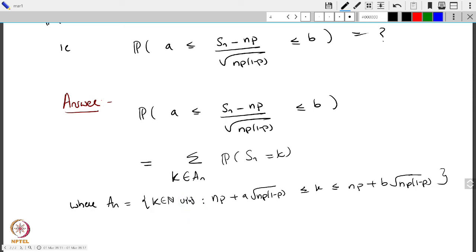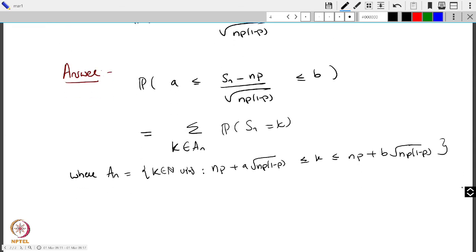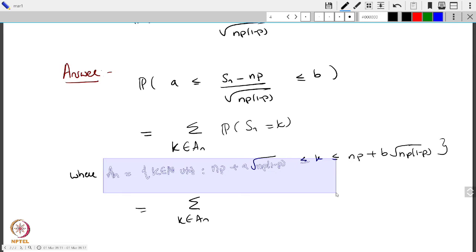Very nice. So now, that's my Sn. So what's my Sn going to be now? We know Sn is the same as the summation over k from a to b. Let me write this in blue, so that's a little different.